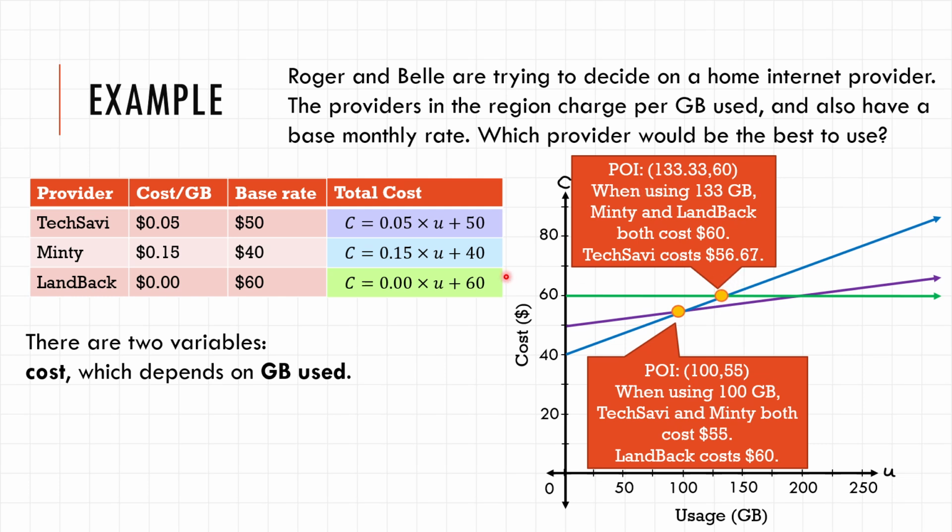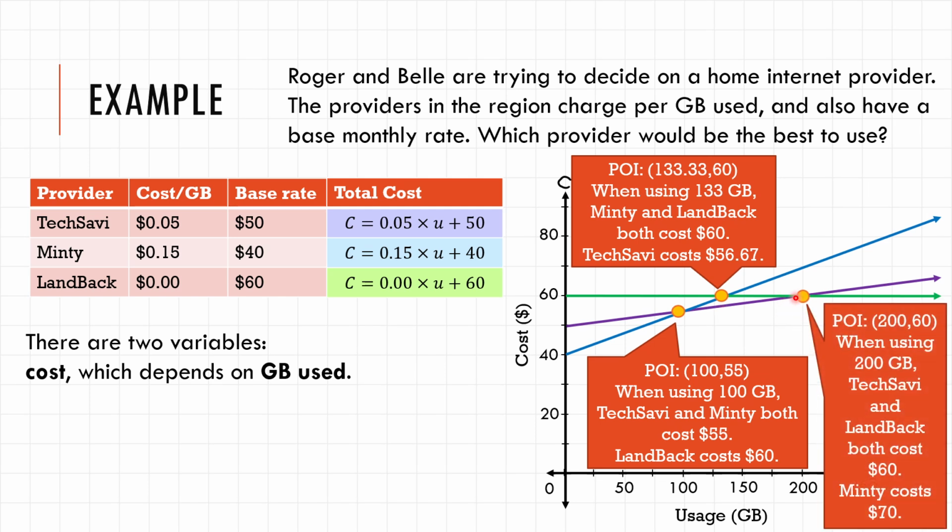And if you want to double check that, you can always plug in 133 into all three of these values and see what the cost will end up being. They will end up being 60 for Minty and Landback and 56.67 for Tech Savvy. The final point of intersection over here is at 260.